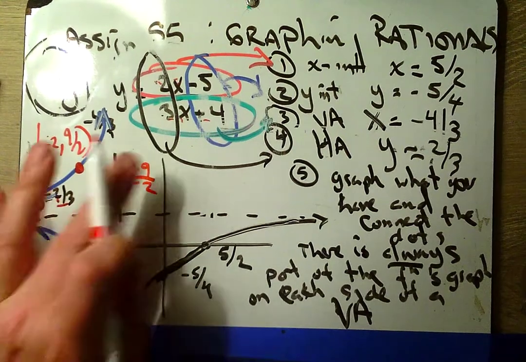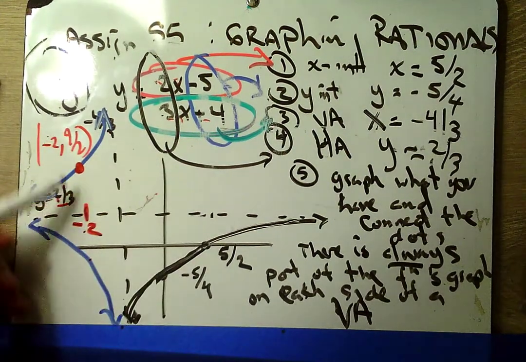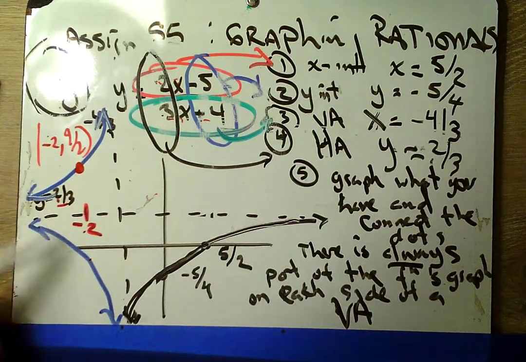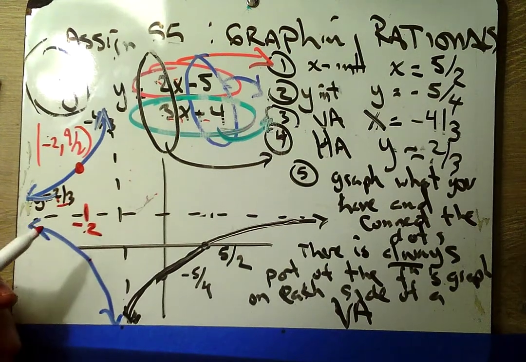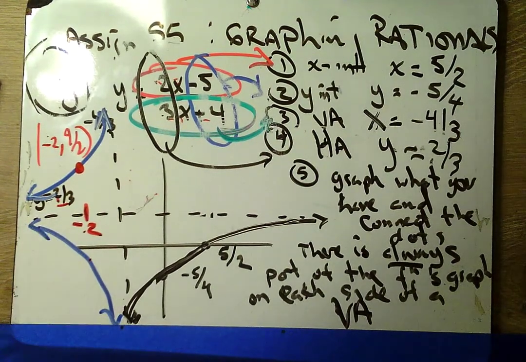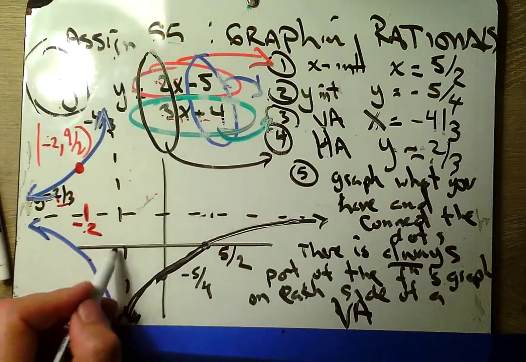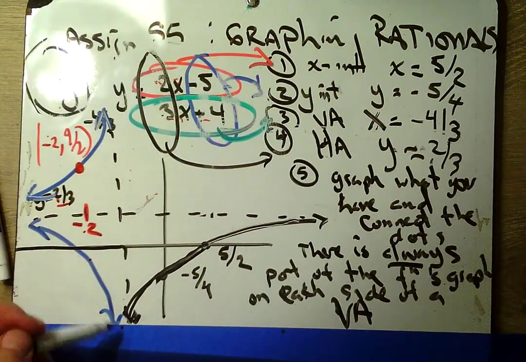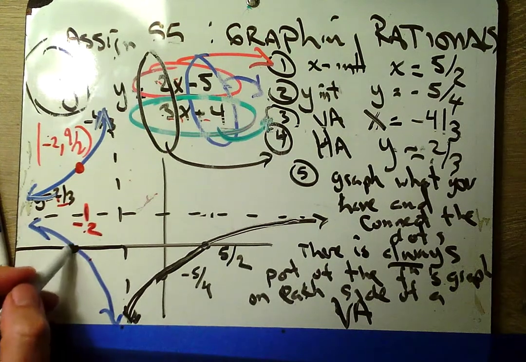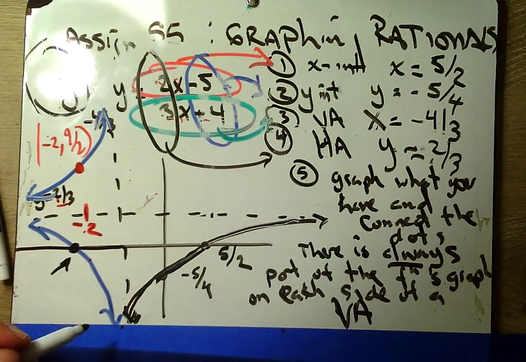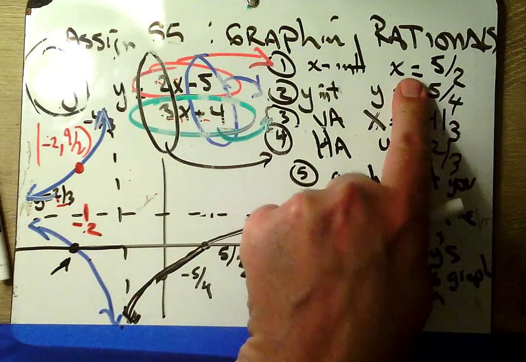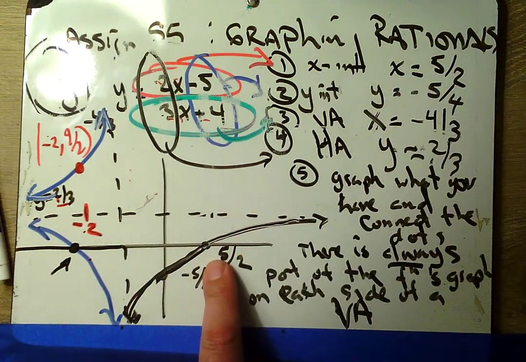Now, this is called, in our universe, a test point. I need you to graph a test point. That's number 6. I'm graphing a test point to see where the other part of the graph is. Also, I kind of knew it was going to be up there, but I wanted confirmation because if this was supposed to be the piece, then I would need another x-intercept here. But we only found one x-intercept, and it was over here in positive land.